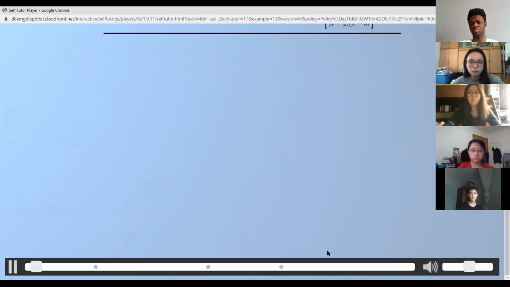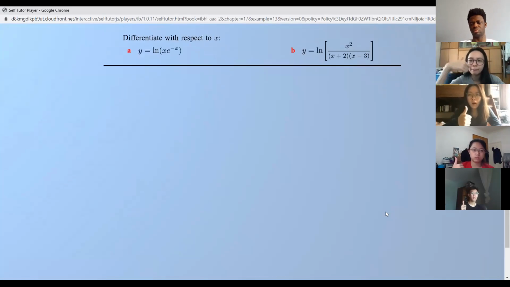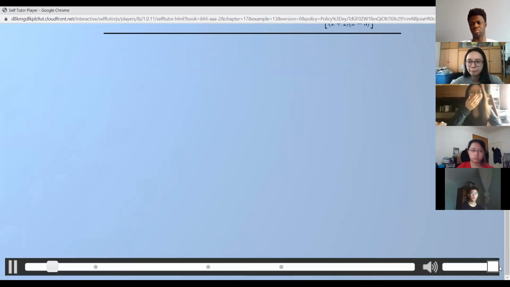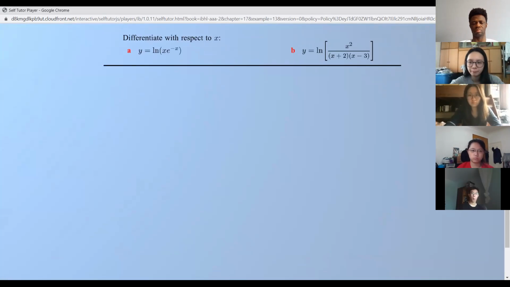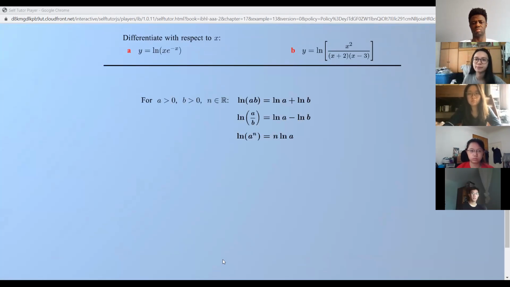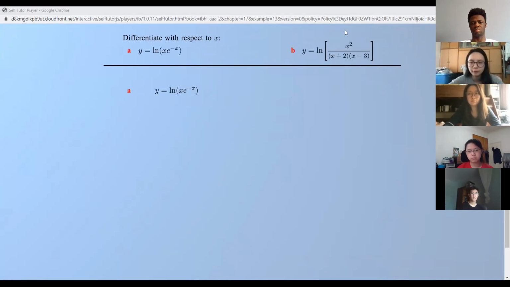In this example, we find the derivative of some more complicated functions involving the logarithmic function. The laws of logarithms can help us to differentiate the logarithmic functions in this example more easily. In part A, we expand y using the law for the natural logarithm of a product.